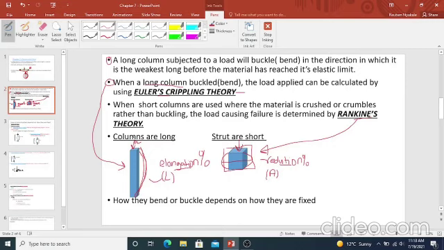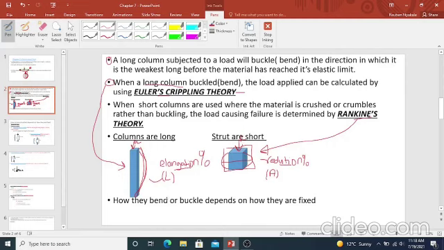The force that needs to be applied, or rather this buckling force. That's what Euler is all about. Rankine, short columns, he as well looks at the buckling force. Rankine, buckling force, but on what? On the short columns. That's what we'll be dealing with in your chapter 7.